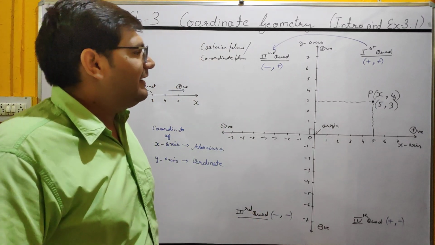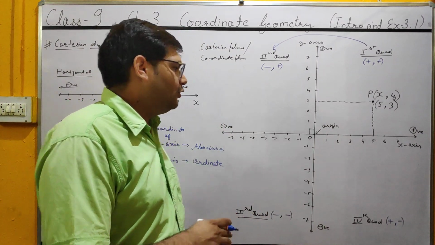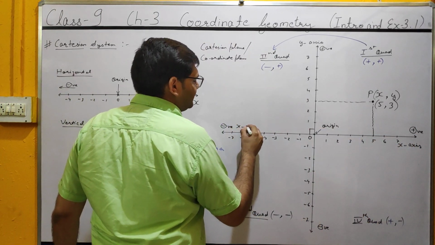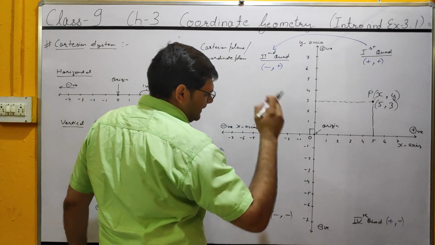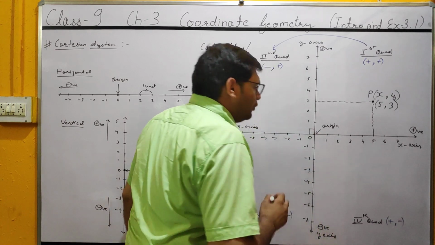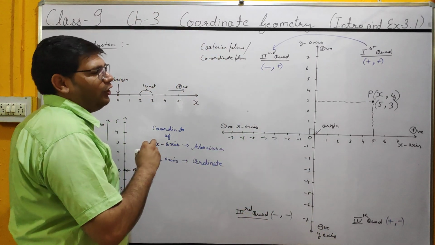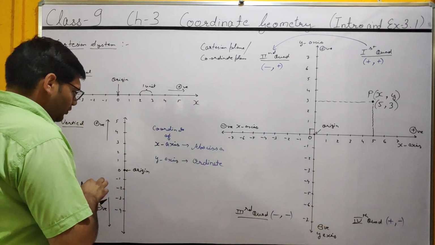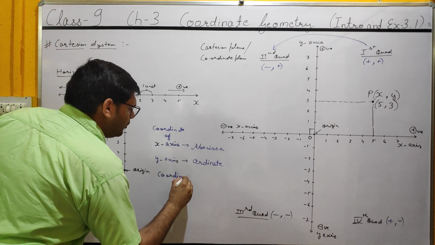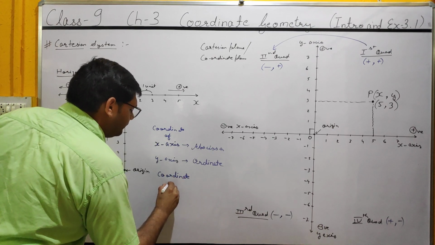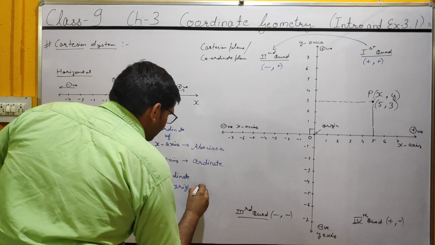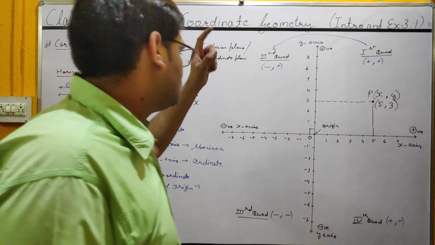So in this way, we can write the signs also. Moreover, this is positive x-axis, this is negative x-axis. This is positive y-axis, this is negative y-axis. Not only this, what will be the coordinates of origin?